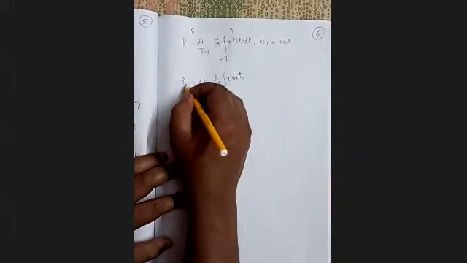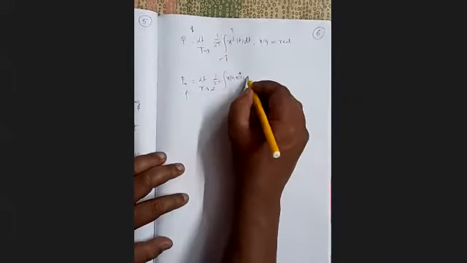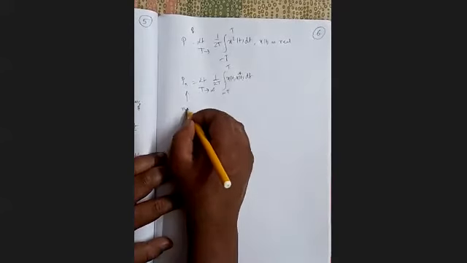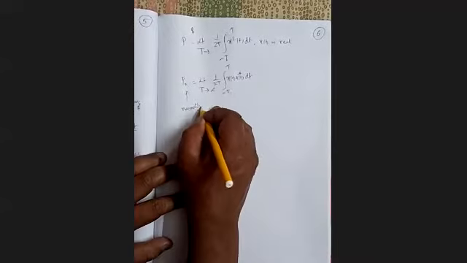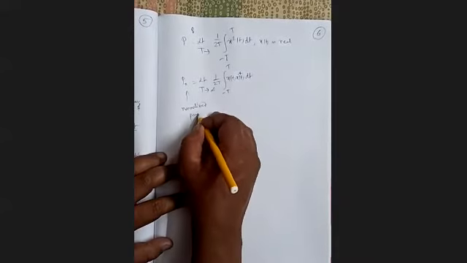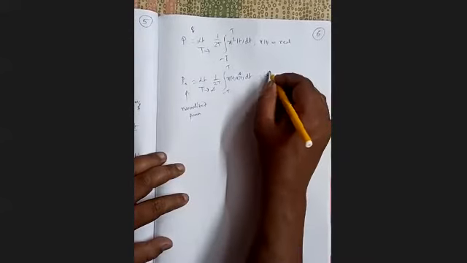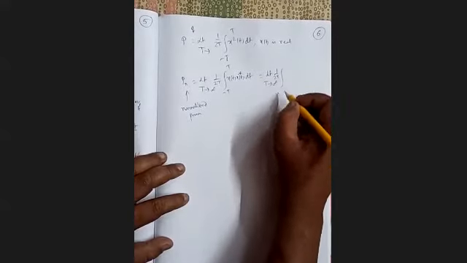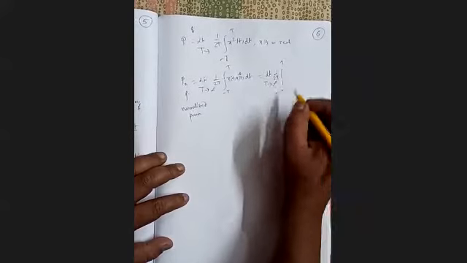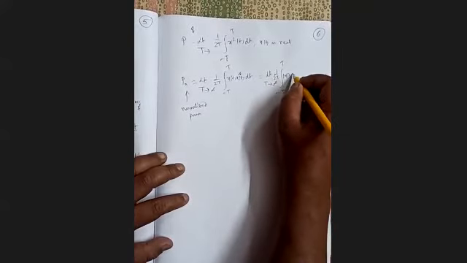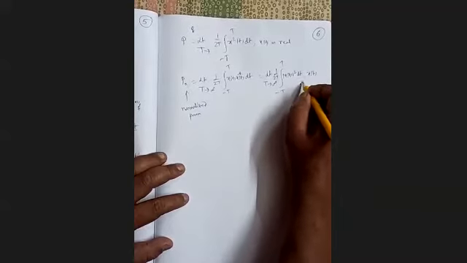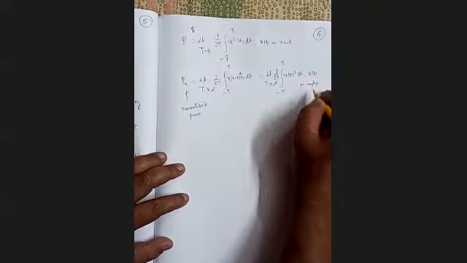We call it Pn, normalized power. So minus capital T to plus capital T. Or we write limit T tends to infinity 1 by 2T, minus capital T to plus capital T, mod of x(t) squared dt. Here x(t) is a complex signal.